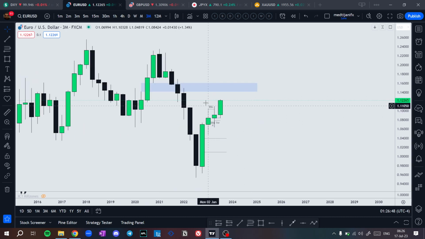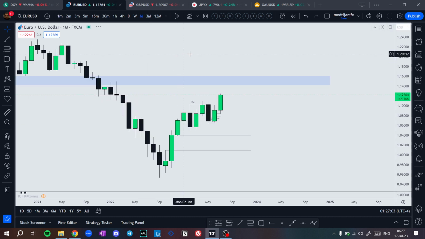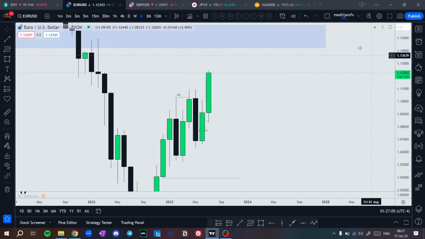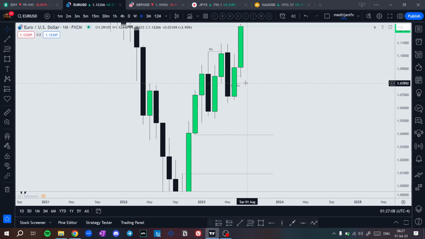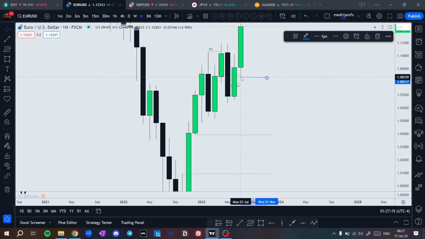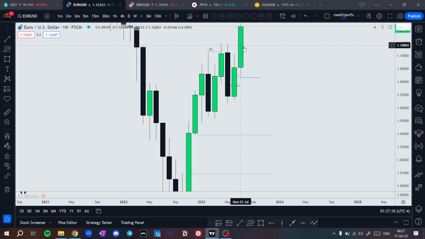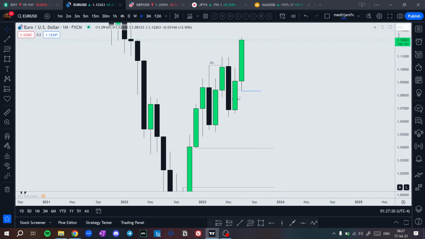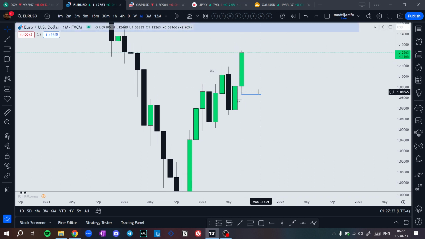I'm not a position trader to enter right here, or maybe here, and wait for this point. I'm just trading what we have right now, and what I'm expecting now is price is going to return to this 3 month BC, or 3 month balance price range, right? And we have, like I said for the dollar, for now this monthly candle, which is still not closed, as our invalidation point.